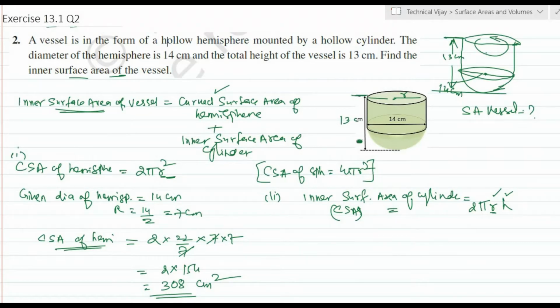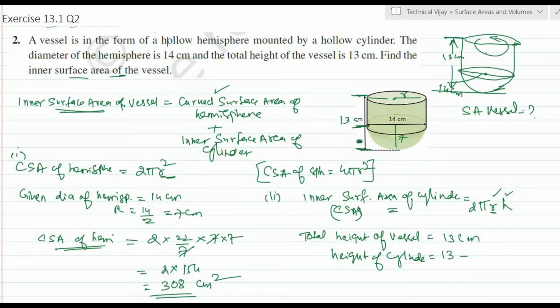The total height of the vessel is 13 centimeter. So the height of the cylinder only is equal to 13 minus the radius of the hemisphere, because the radius of the hemisphere is 7 centimeter.